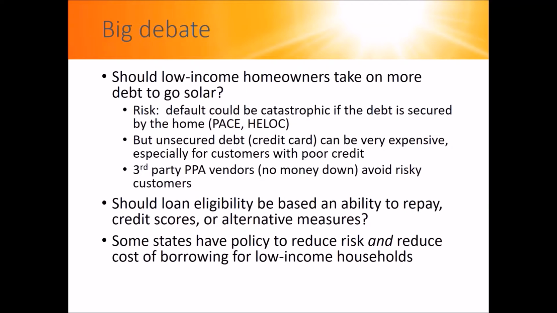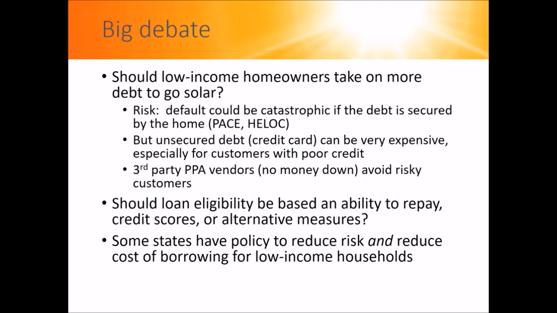This is especially true if the debt is secured by the home. If you have a homeowner who is getting a PACE loan, for example, or PACE finance, or a home equity line of credit, those are secured by the home, not by the person's income. So if they default on their payments, they can lose their home. The alternative there is to have unsecured debt, where it's not secured by their home, like a credit card.